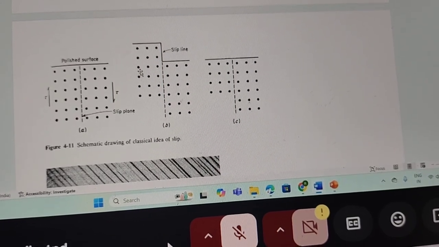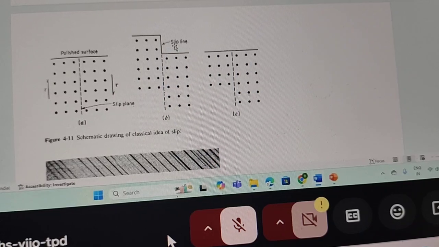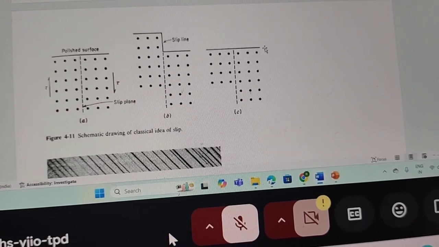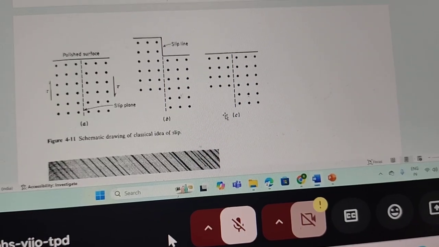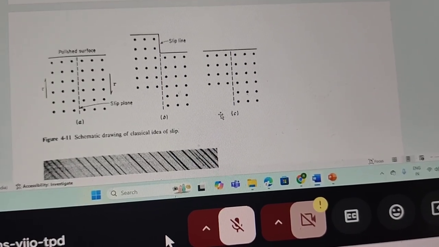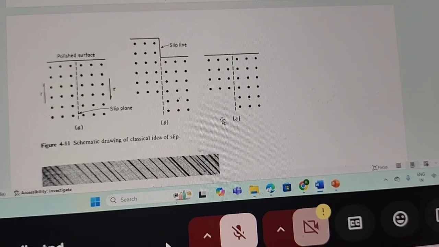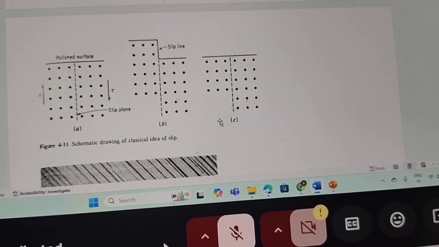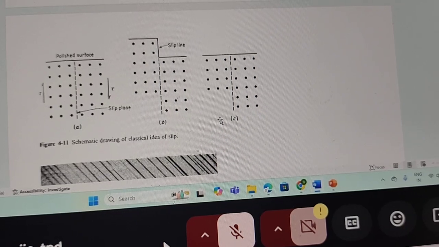So under the microscope, you will be seeing this line. If you polish the surface, it will be like this. Then you cannot notice this thing. But inside the material, this has happened, that these atoms have moved. Do you understand this thing? Can you visualize what is happening inside the material? So this is called slip deformation.